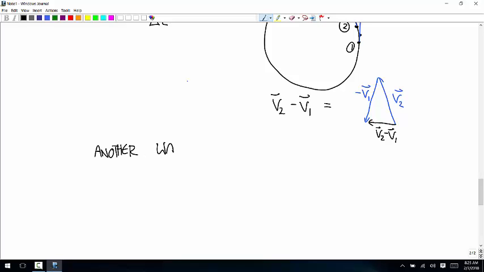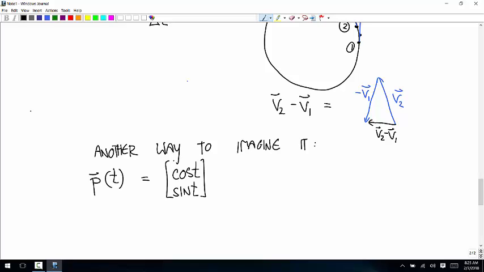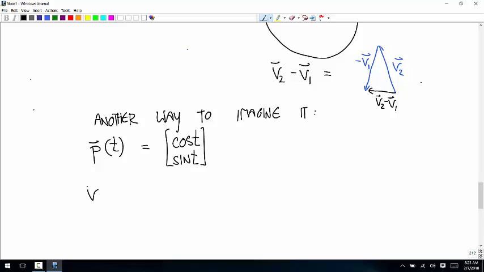So let's say the position vector as a function of time is equal to cosine t, sine t. Then the velocity is negative sine t, cosine t.